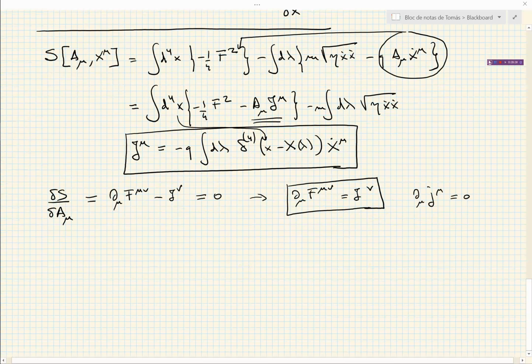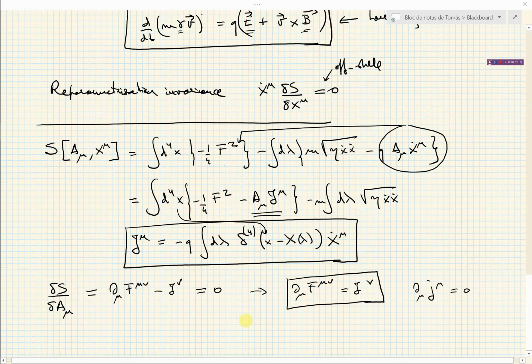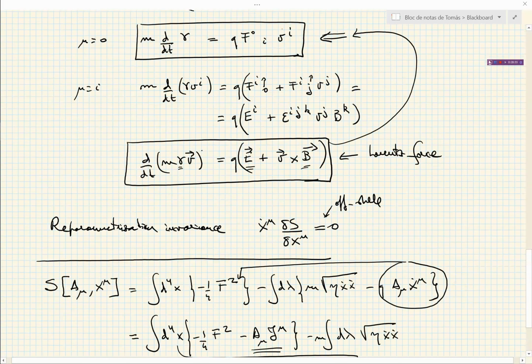The equation of motion for the particle is exactly the same as we wrote before. It has the Lorentz force term, but the difference between this case and the previous case is that in the other case the Lorentz force is given by some functions E of x which have been given from the beginning.